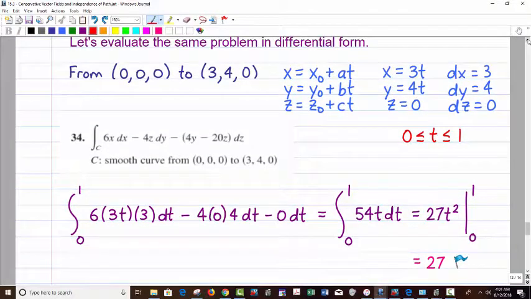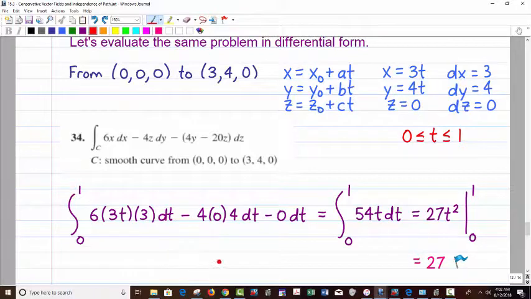So now we start substituting into here. So x is 3t, so it's 6 times 3t times dx, which is 3 dt. I guess one thing I could have written here that I didn't, maybe to be more formal, I'll just go ahead and say it verbally though, but technically I should have said 3 dt, 4 dt, but I'm sure you're not having any problem understanding that those are there.